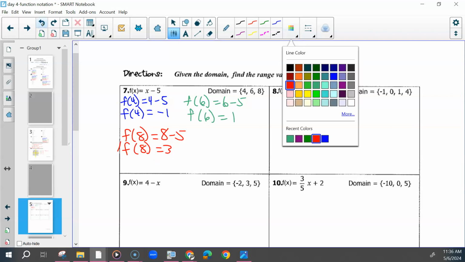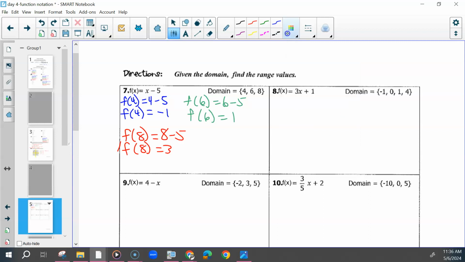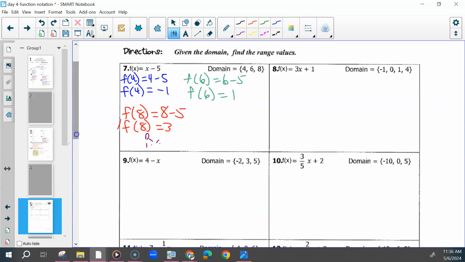But then your final answer needs to look like the domain. So we're looking for the range. And we're going to list those 3 values least to greatest. So we wouldn't leave them as we have them.